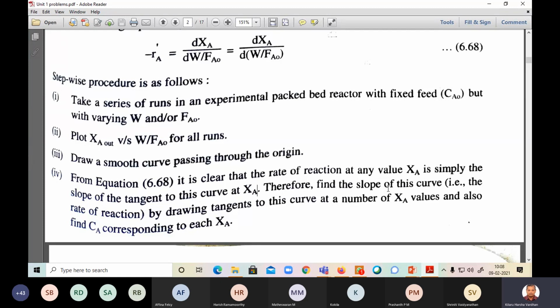That is nothing but the rate of reaction, by drawing tangents to this curve at a number of XA values. Then find the corresponding CA corresponding to the XA. Once you know XA and you know RA, then you can find out the concentrations, right?